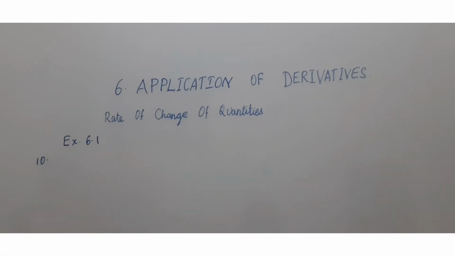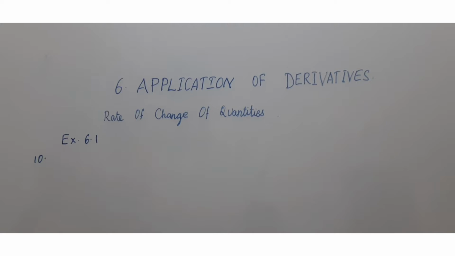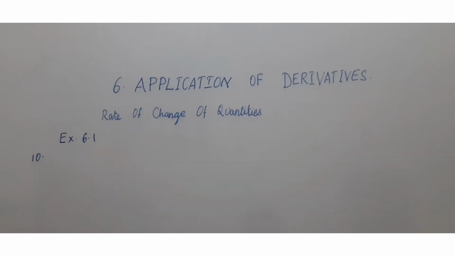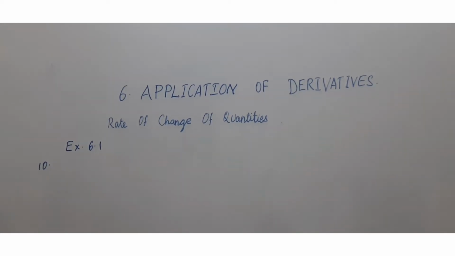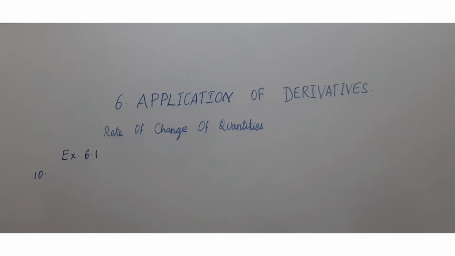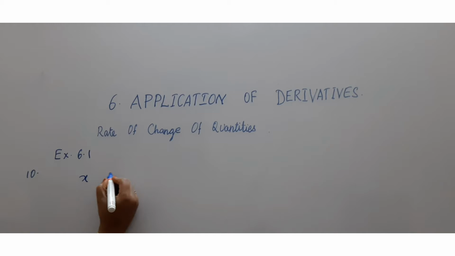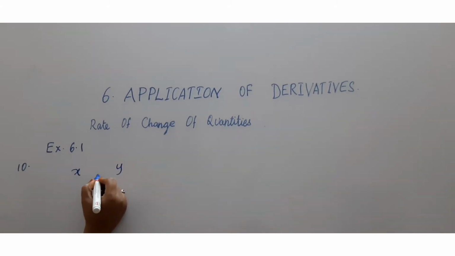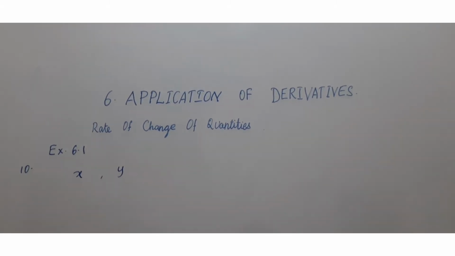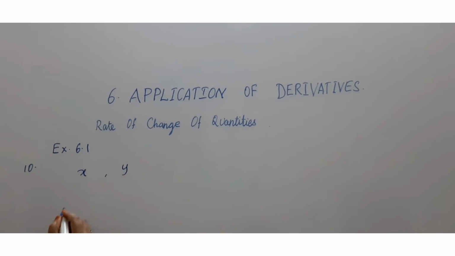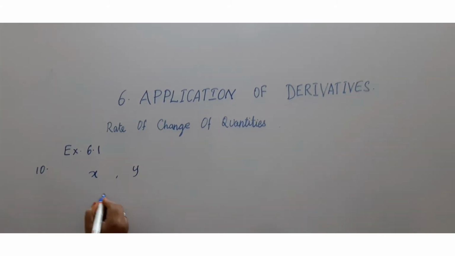Chapter number 6 is application of derivatives, in which the first topic is rate of change of quantities. We usually solve to find some quantity x or y, the value of some quantities. Instead, here we are going to find a rate of change of quantities.